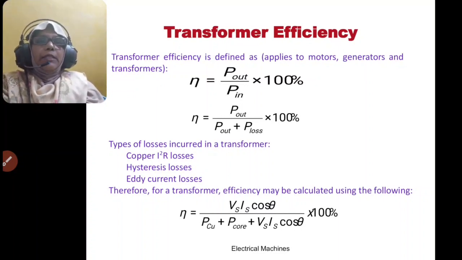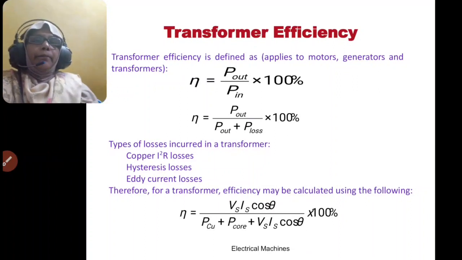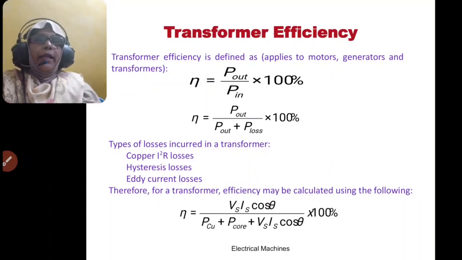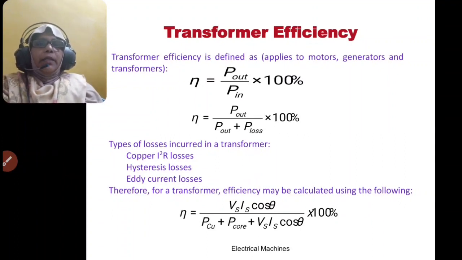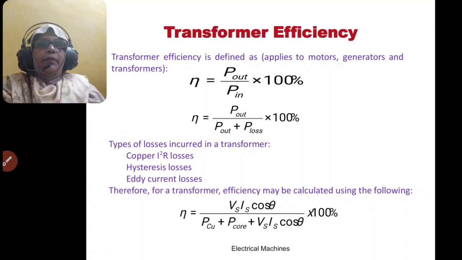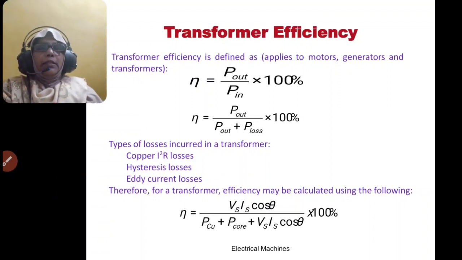The efficiency for a practical transformer can be from 95% to 98.5%. Here the efficiency is given as output power divided by the sum of the output power plus loss power.